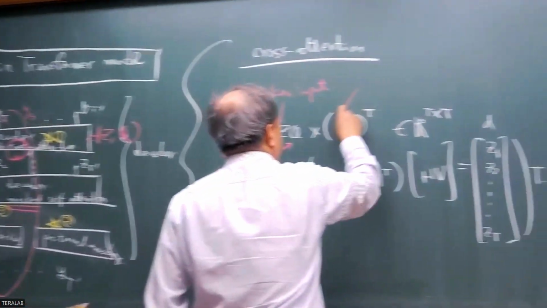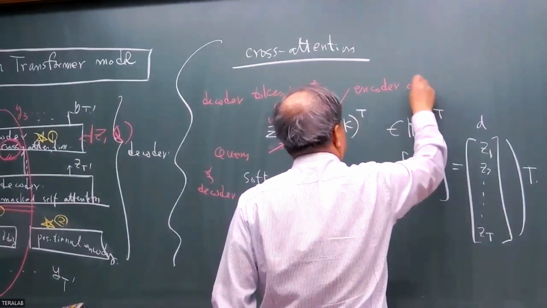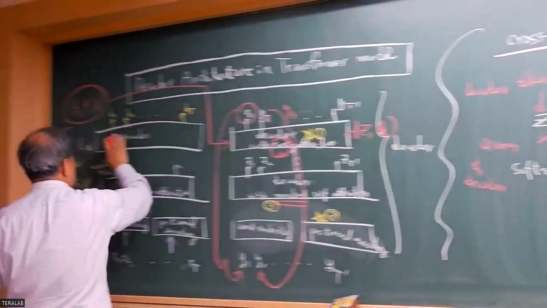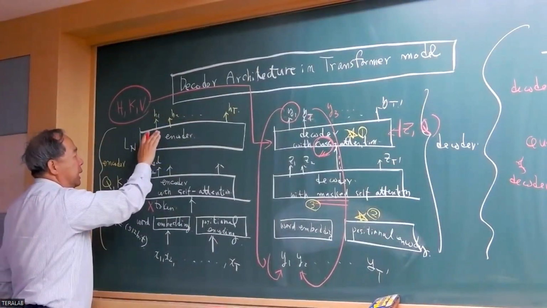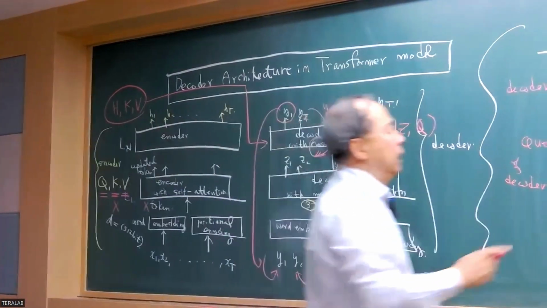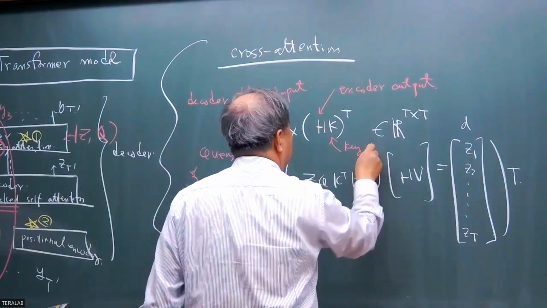This one is the encoder output. You remember that the encoder output is described by the H1, H2 to HT sequence. And this is the key value, the key of the encoder.